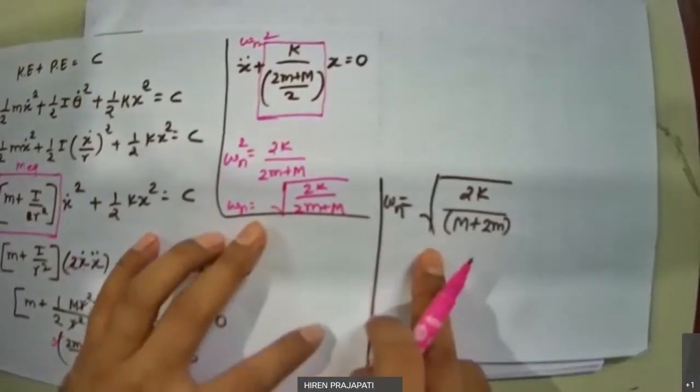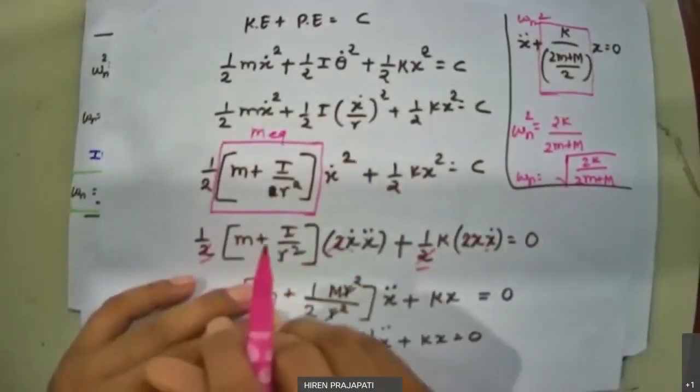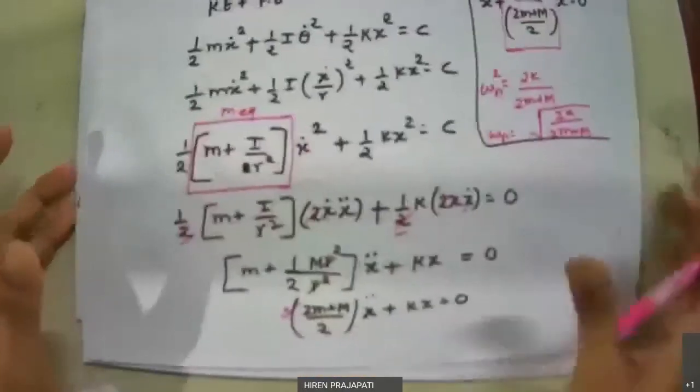So we got the same equation, right? But which way is easy to get the natural frequency equation? I would say the energy principle is easy compared to Newton's principle. Is it right, Karthik?